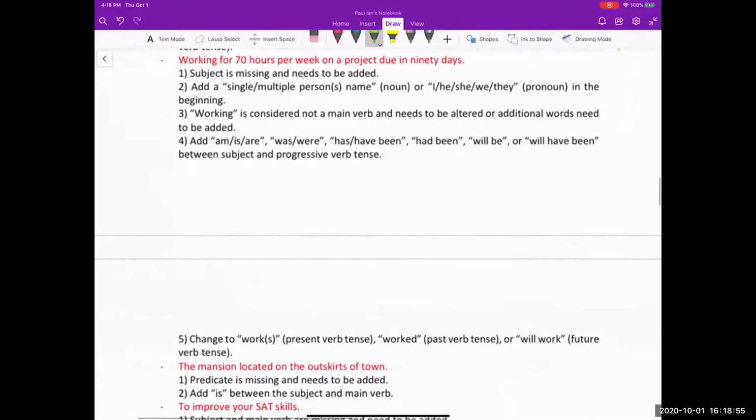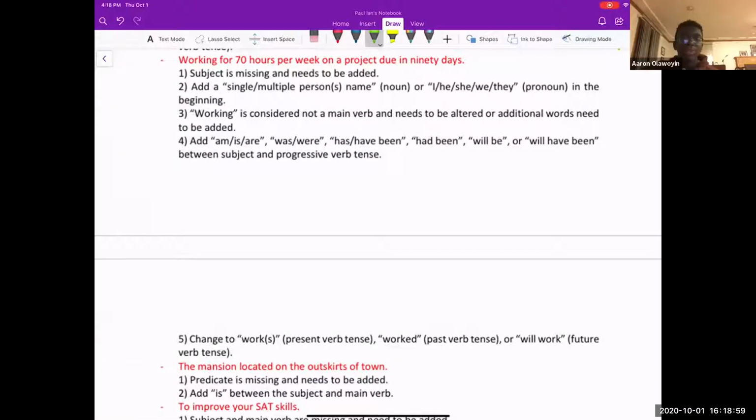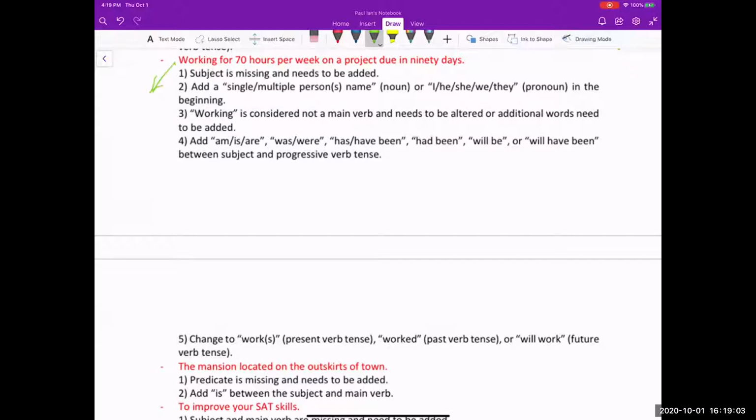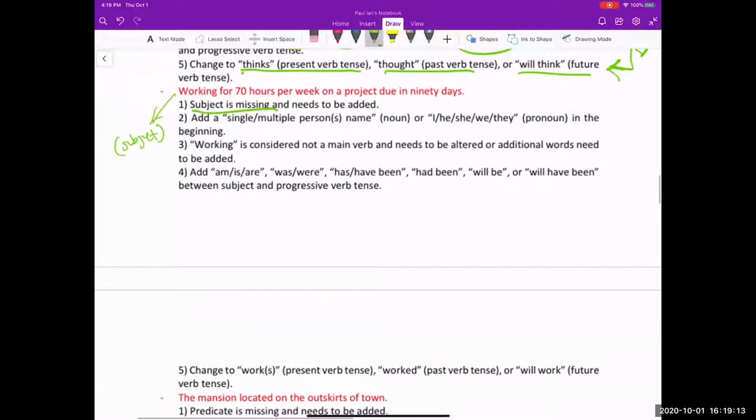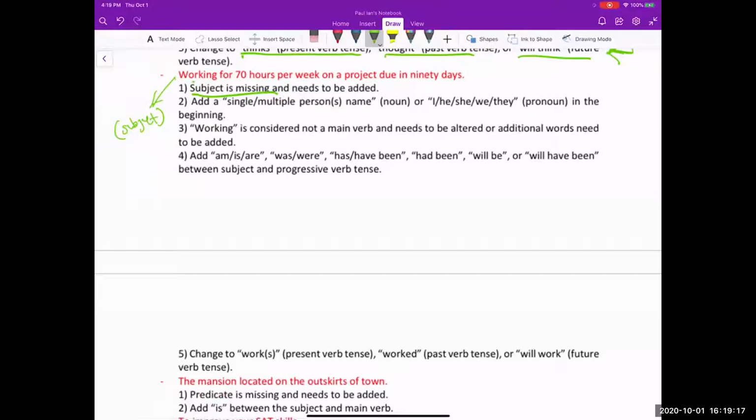What about this one? It's missing a subject again. Perfect. So this is very similar. The subject is missing, and this one doesn't have to be a his. It doesn't even have to be a singular noun, because there's nothing in here that tells you. It could be we are working, right? So any of those can work.